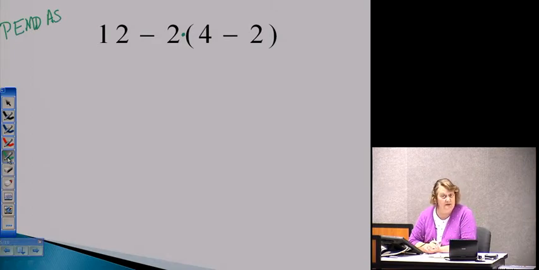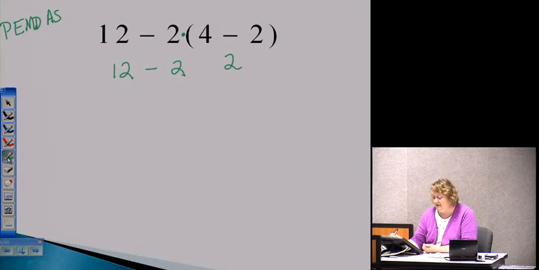So inside that parentheses, we have 4 minus 2. Notice I wrote that 2 down first because that's really what I'm thinking first. Now next I'm going to bring down everything else, the 12, the subtract 2. Now if I leave it just like this, it's hard to know what operation to put in next.